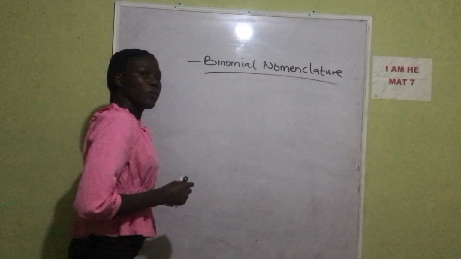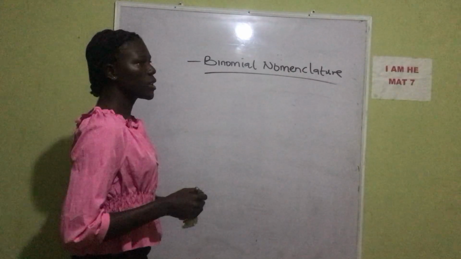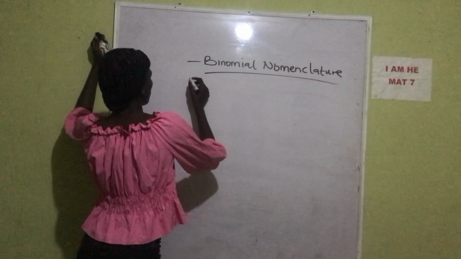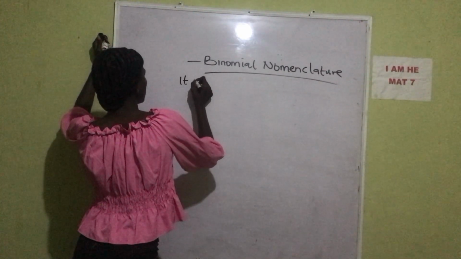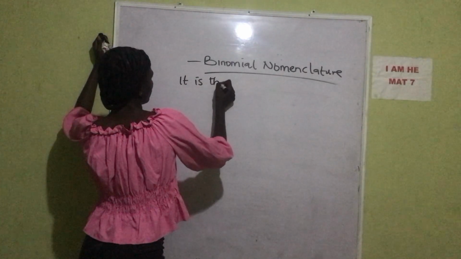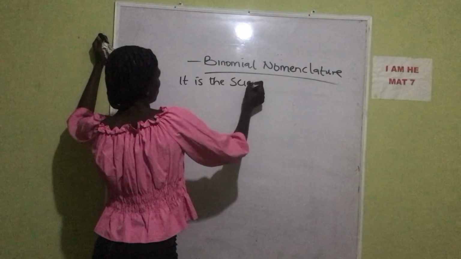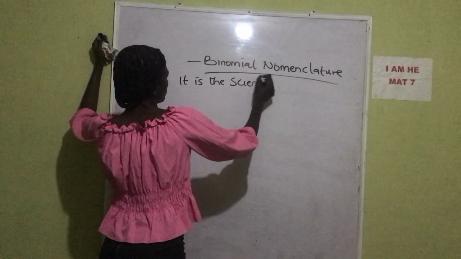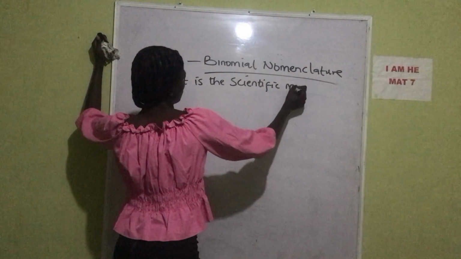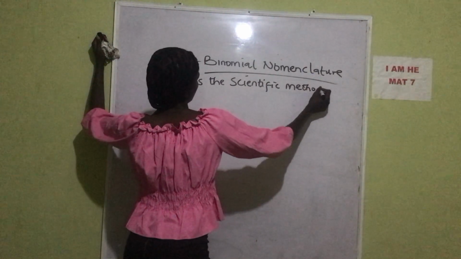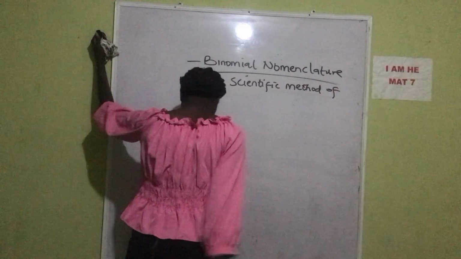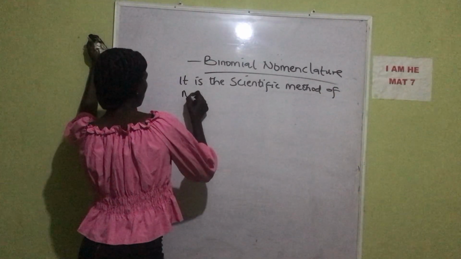Now, what is binomial nomenclature? Binomial nomenclature is a scientific method of naming organisms.